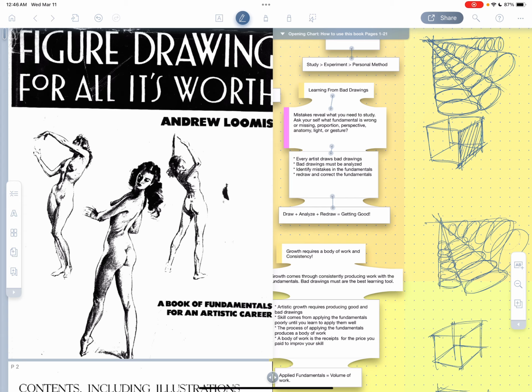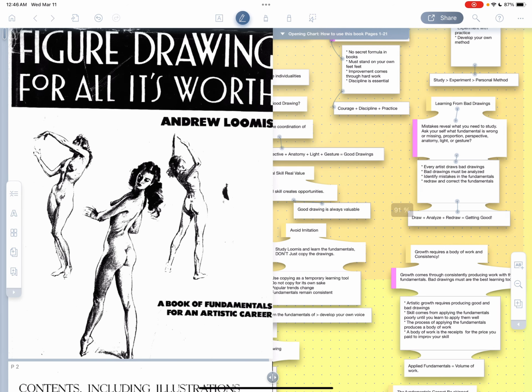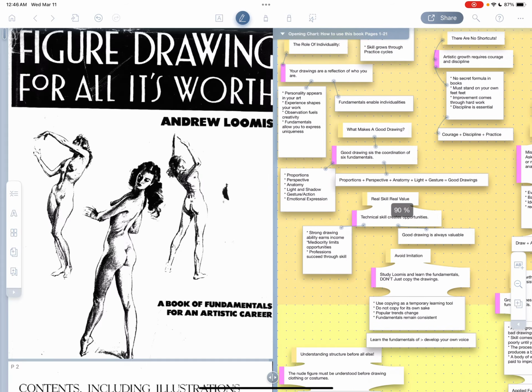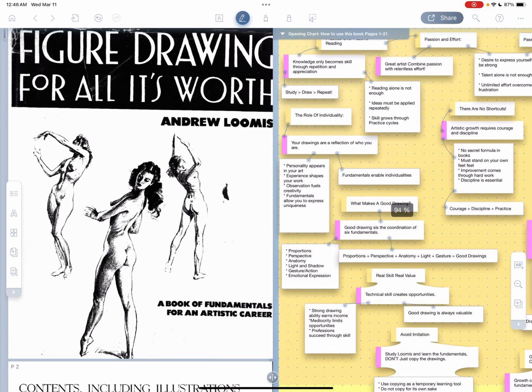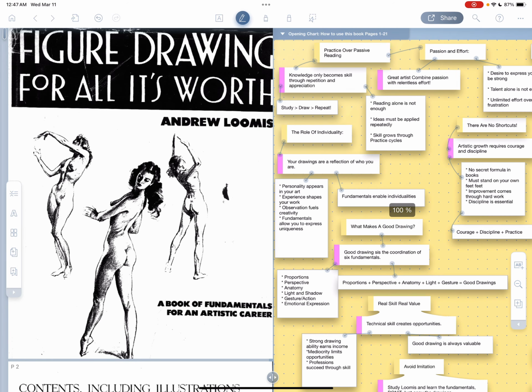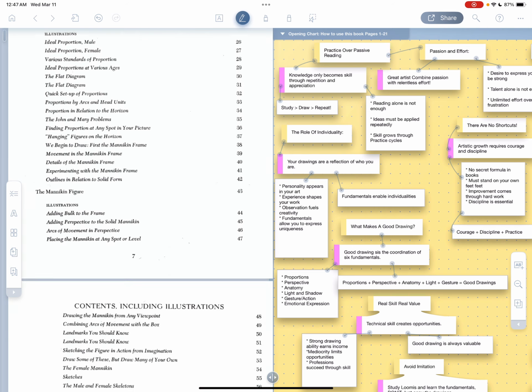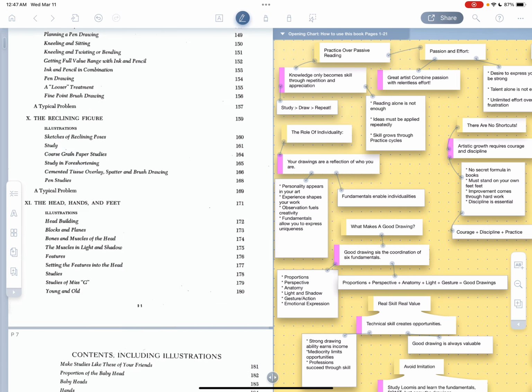Andrew Loomis is probably the most famous art book ever. Millions of professional artists swear by it. Working artists, from Eric Gist to all the great artists working at Blizzard, Disney, Proco, everybody swears by Andrew Loomis, right?